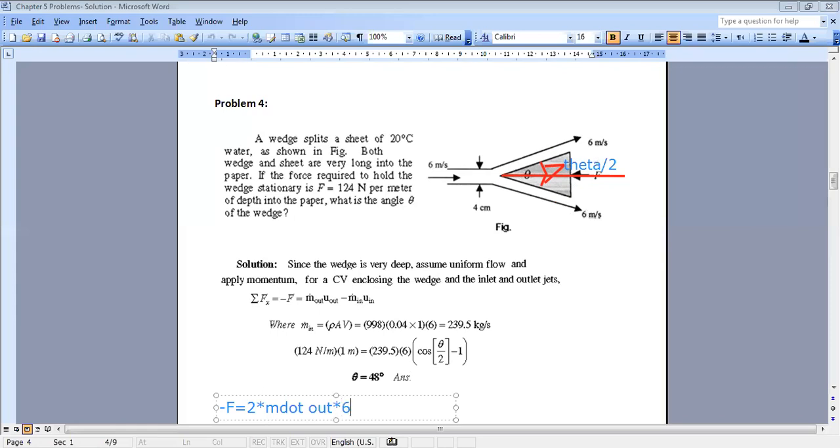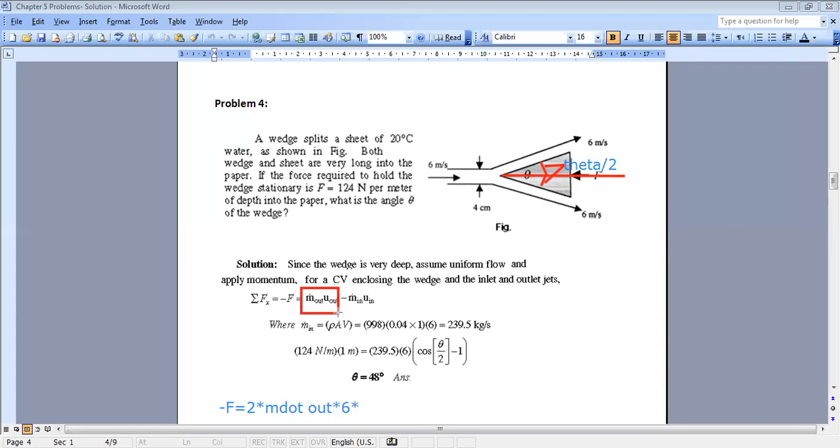Okay, so times 6, times 2 times m dot out. Shouldn't it be m dot n instead? Sure, but I'm working with this first term, I'm working with this term, m dot out u out.